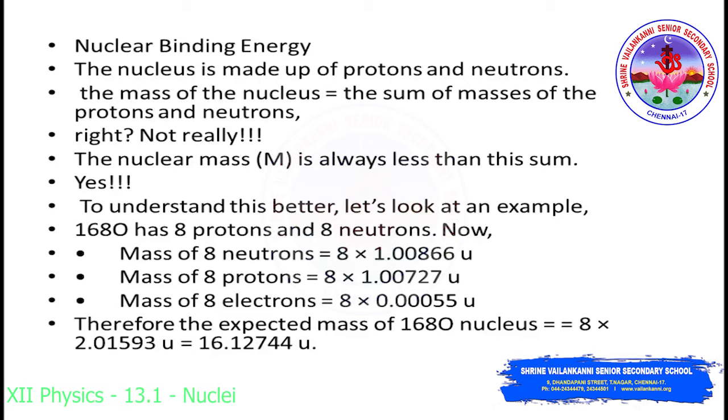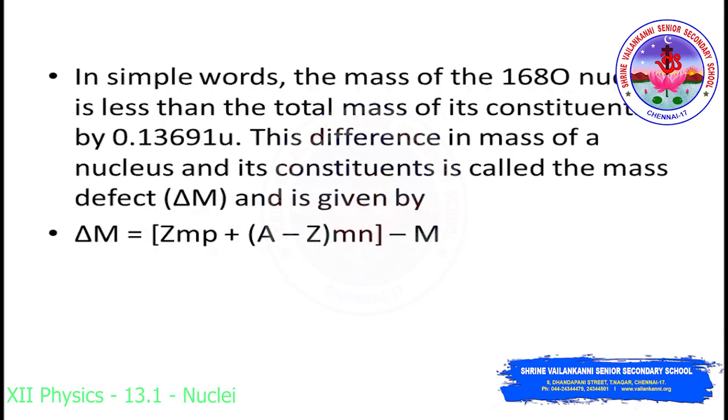But the actual mass is a very little less, right? So in simple words we can say that the mass of the oxygen-16 nucleus is less than the total mass of its constituents by 0.13691 AMU.